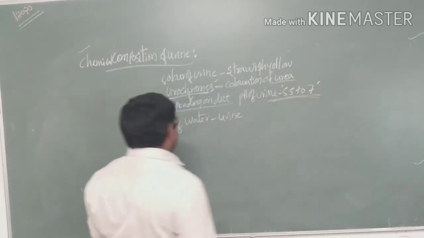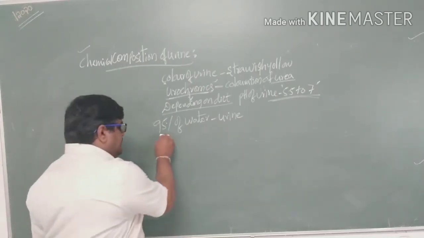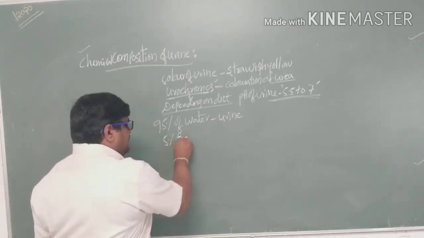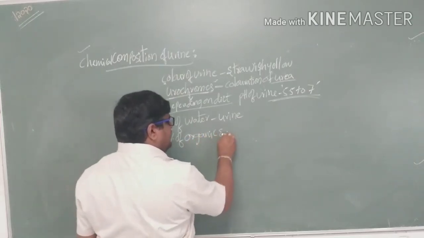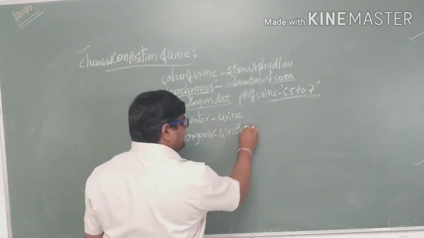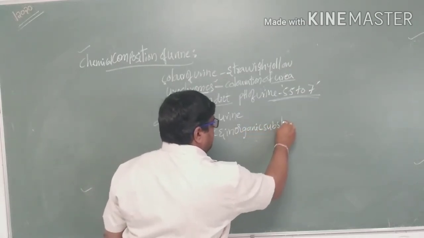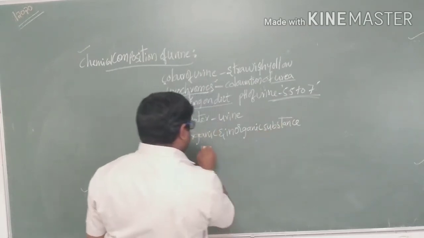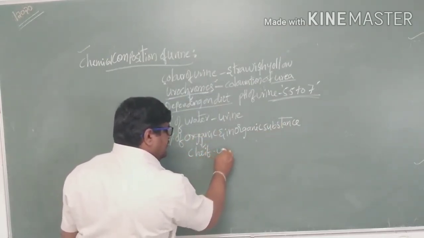And along with this water, 5% contains organic and inorganic substances. It consists of organic and inorganic substances. Here the chief organic substance is urea.